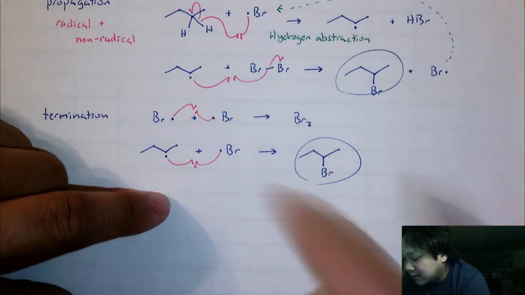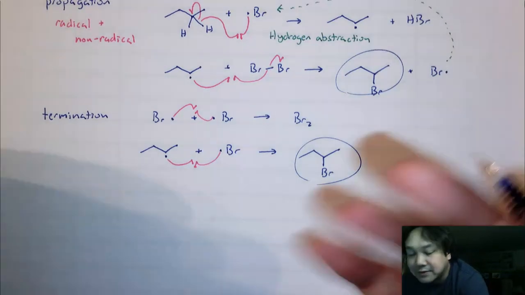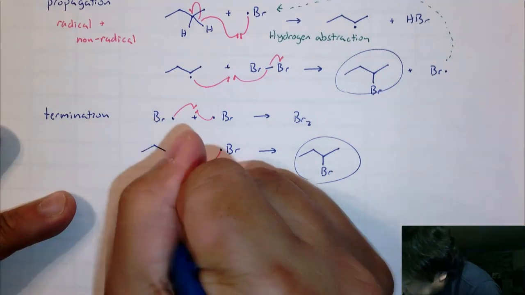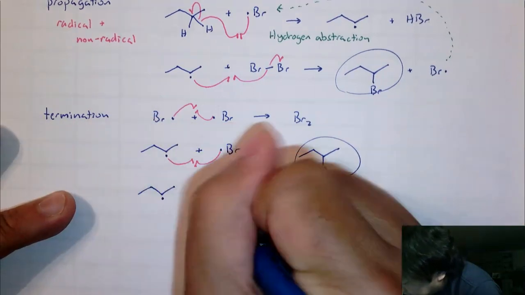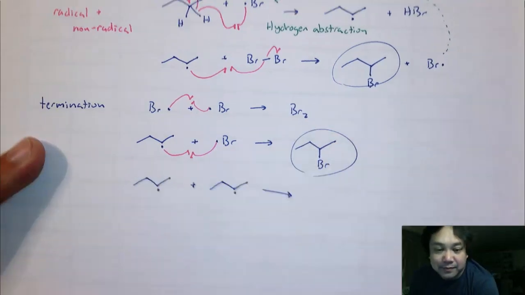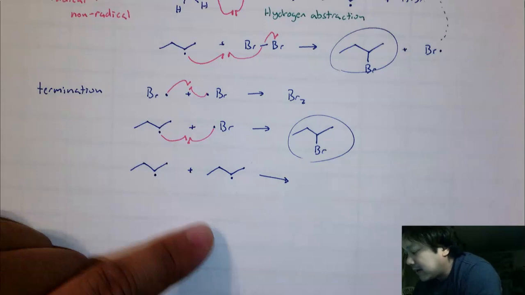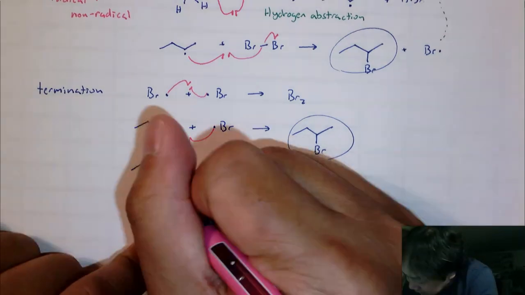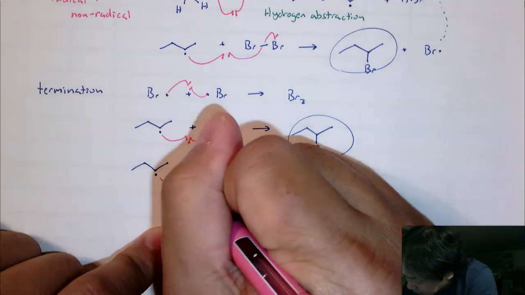But the thing is, if we have a lot of radicals swimming in the solution, we're going to get significant amounts of this product, which honestly doesn't really help matters. Okay, it's actually kind of rare to make what we're about to make here. So think about what we're combining.